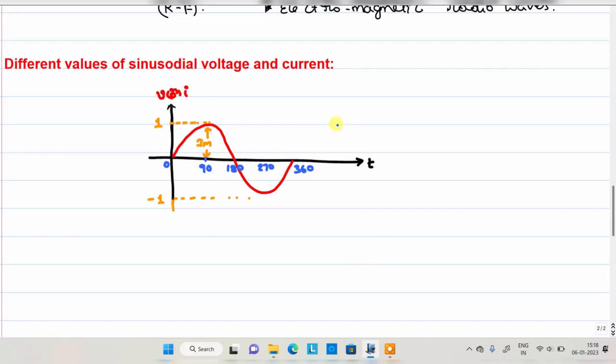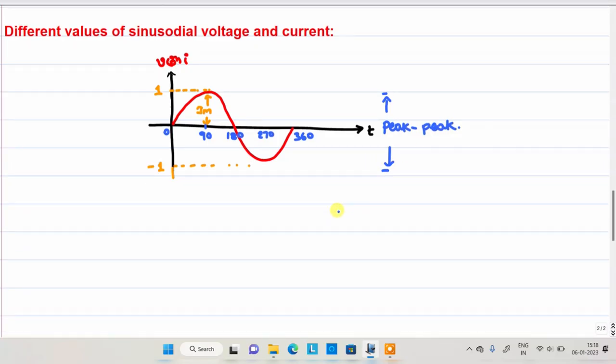This is the peak to peak value. Now we will discuss all the different terminology. Now everyone is clear up to this. This is a sinusoidal waveform representation.